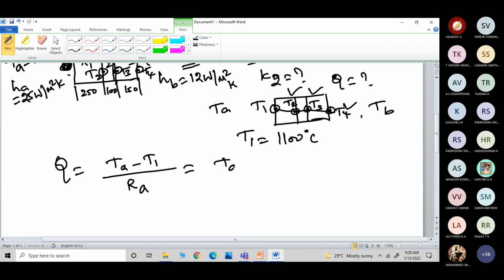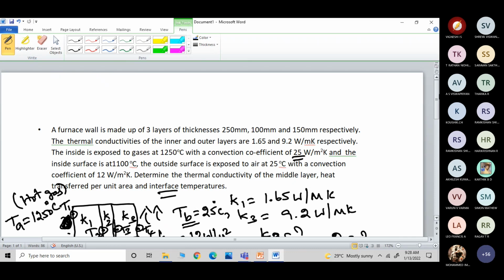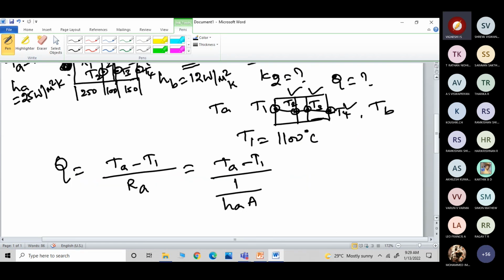So TA minus T1 divided by 1 by HA into A. What about the area? Have they given the surface area? They have not given anything about the surface area. Am I correct? Yes, sir. They have asked us to assume unit area. Yes, assume area as 1 meter squared. For per meter squared area, you have to find out.